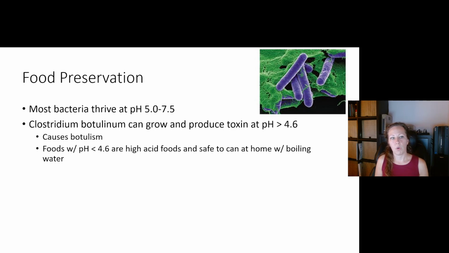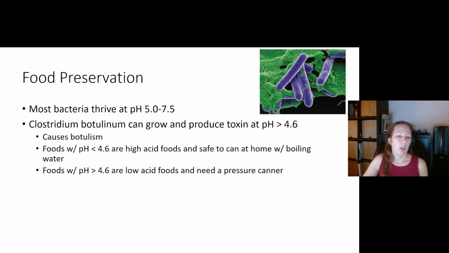So if you have jellies, because you have fruit that is high acid, or tomatoes, those things are very safe to can at home just with boiling water. However, foods that have a pH greater than that are low acid foods.